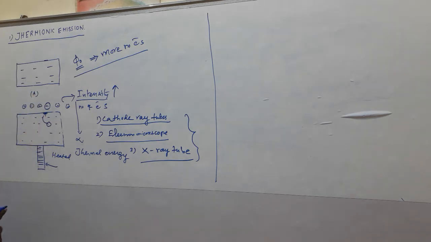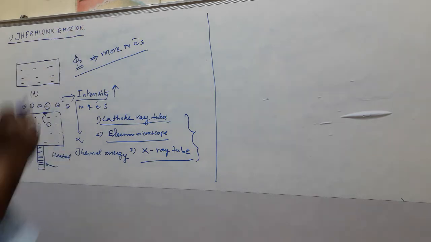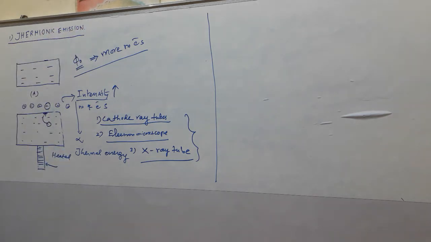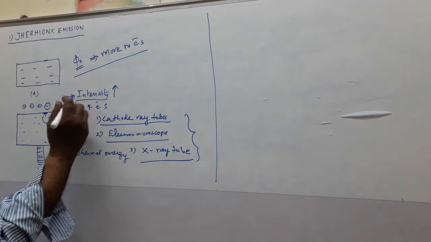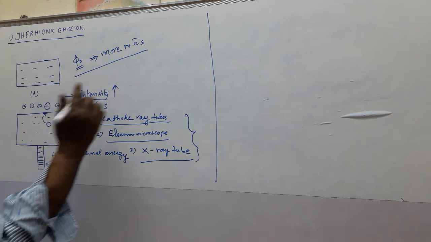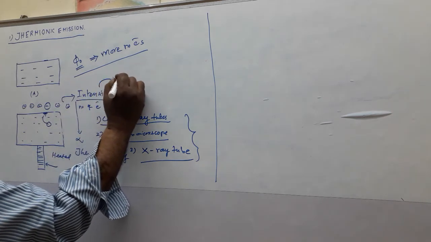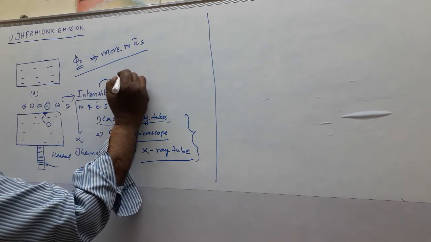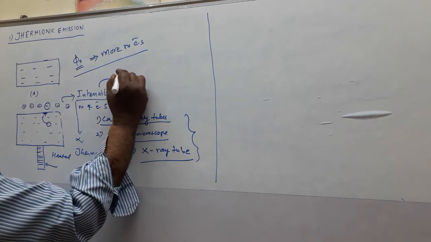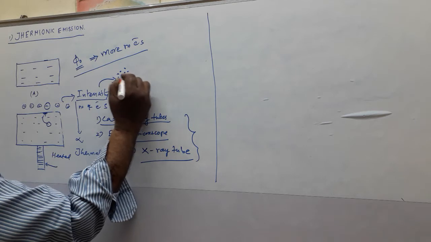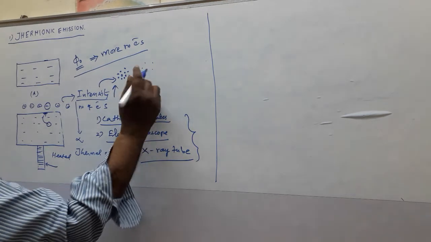This ejection is due to thermal energy, which is why the process is called thermionic emission. And here one valuable point about intensity: consider whether the ejected electrons are dense like this, or sparse, here and there one.